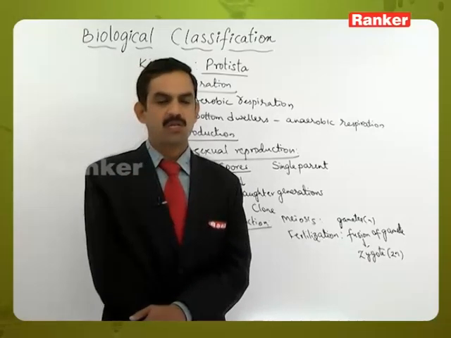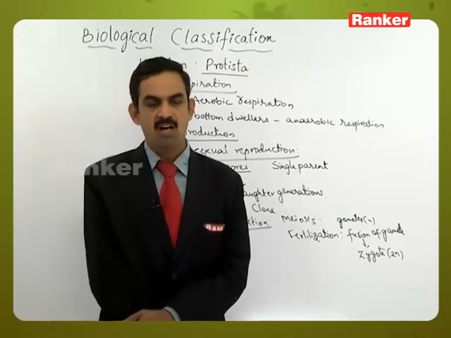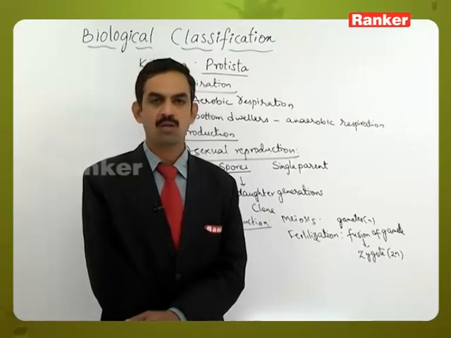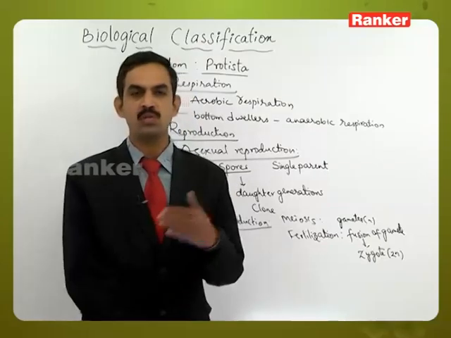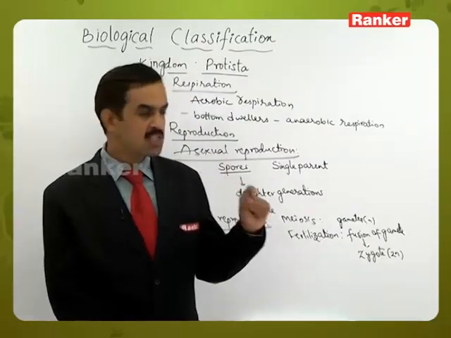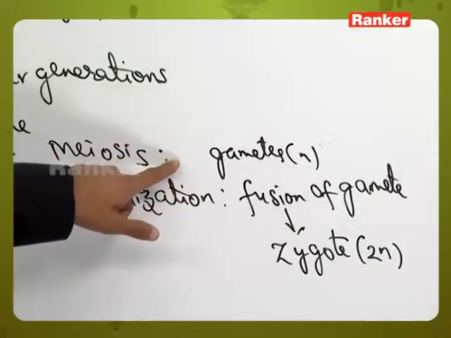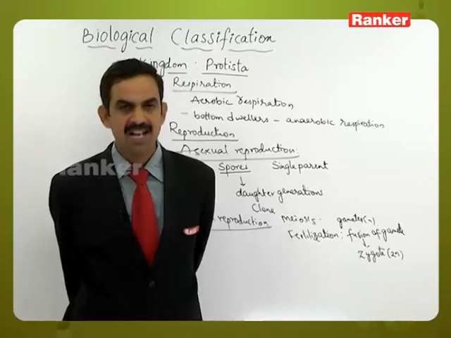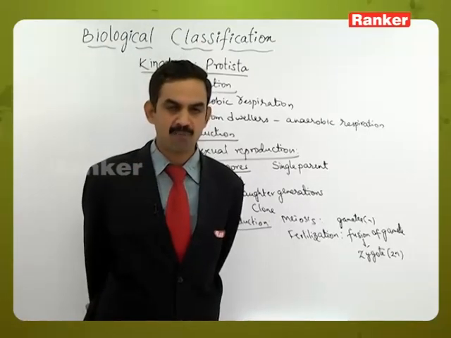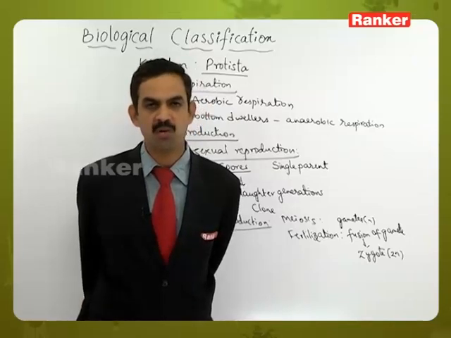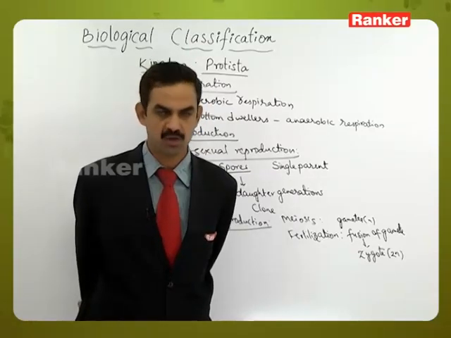And if the protistan body is a diploid one, the zygote will undergo repeated mitosis to produce the diploid body, and in that one the meiosis will occur during the formation of the gametes. So that's why we call it gametic meiosis. Likewise, some members will exhibit gametic meiosis and some members will exhibit zygotic meiosis during the process of sexual reproduction.